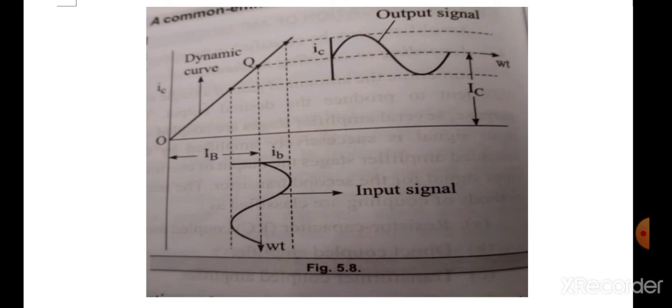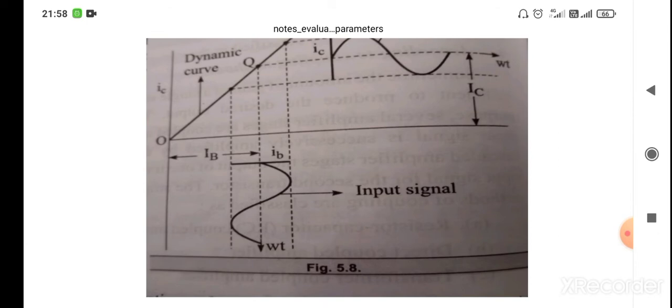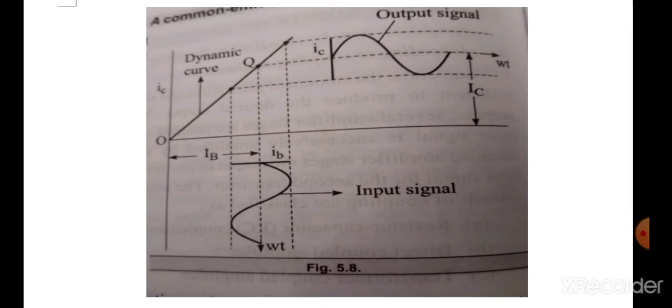For this, the DC bias voltage, meaning the voltage between the emitter and base, is maintained at such a value that the EB junction remains forward biased for the complete cycle of the input signal. A Class A amplifier must operate over the linear region of its dynamic transfer curve.